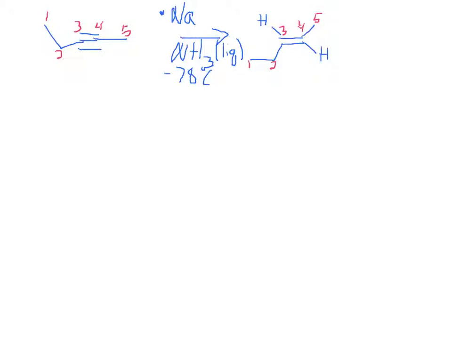There are 2 electrons in a pi bond. 1 electron is going to go to carbon 3, the other one to carbon 4, so the electrons in the pi bond split up. Sodium is going to give an extra electron to carbon 4. It doesn't matter which carbon it went to first, 3 or 4. You just have to choose which one.